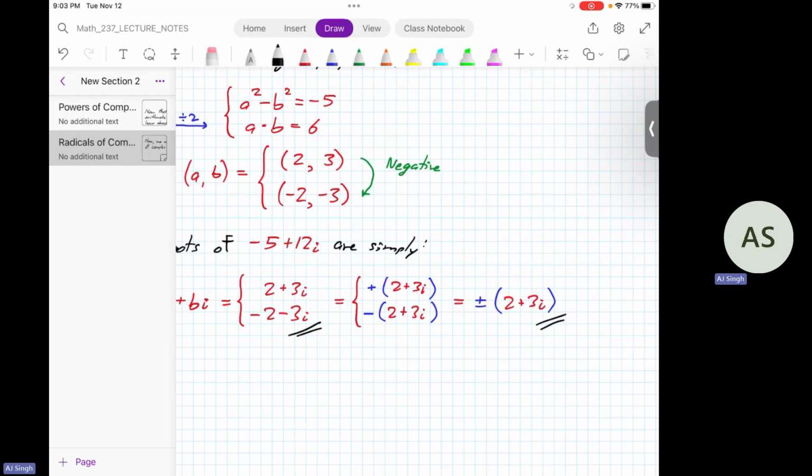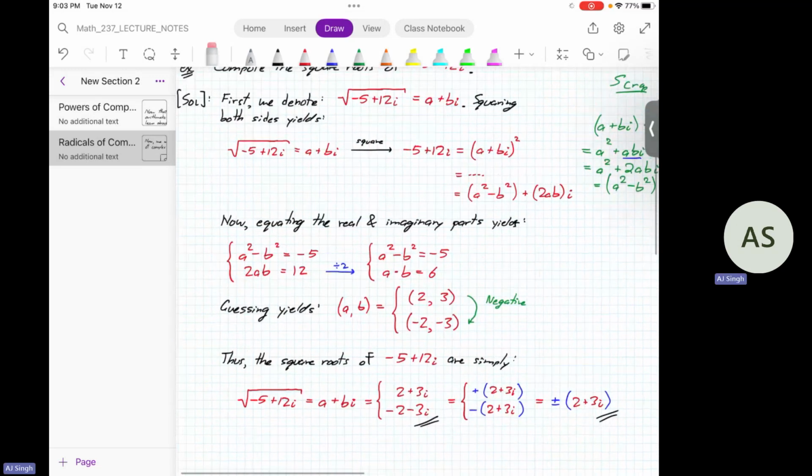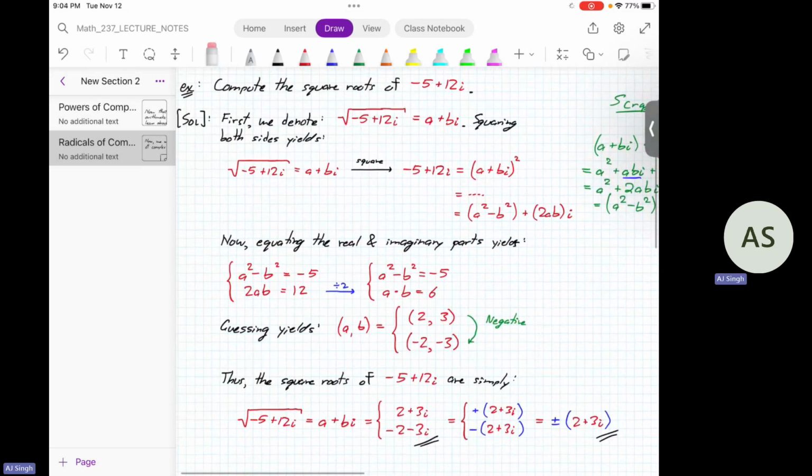And this is very comforting for us because when we take square roots, isn't there usually a plus minus in the front, right? So it's the same thing with complex numbers. There's going to be a plus minus when you're doing a square root. But there we go. This is the process of computing the square root of a complex number.